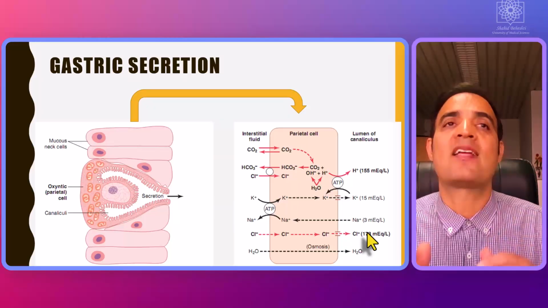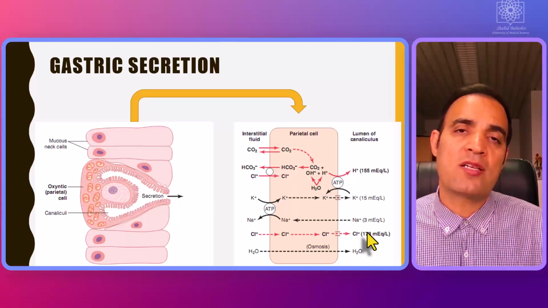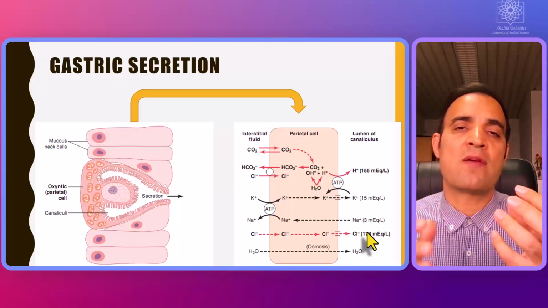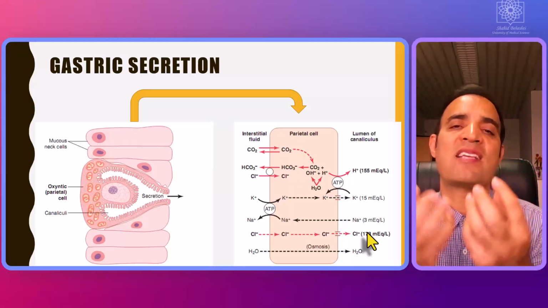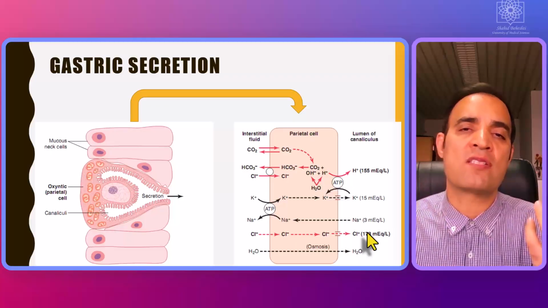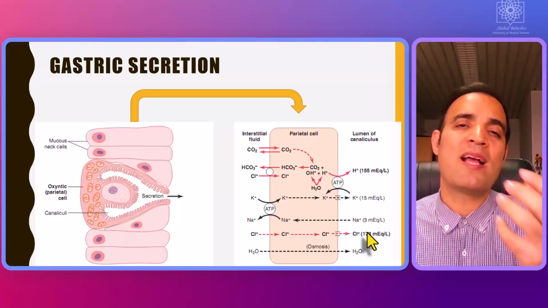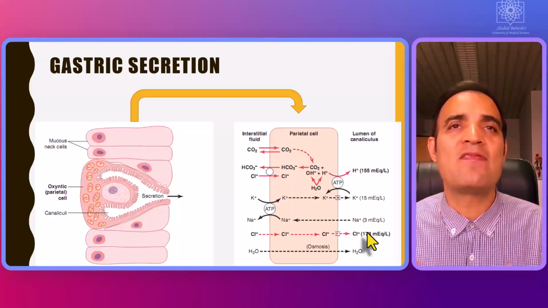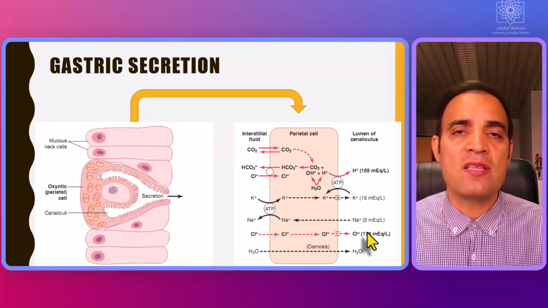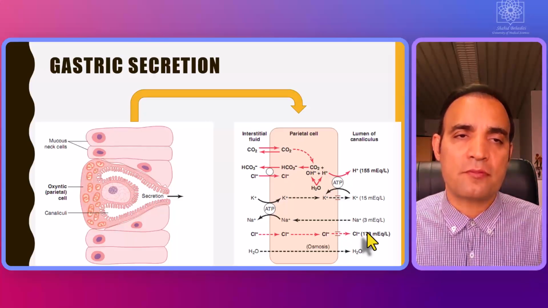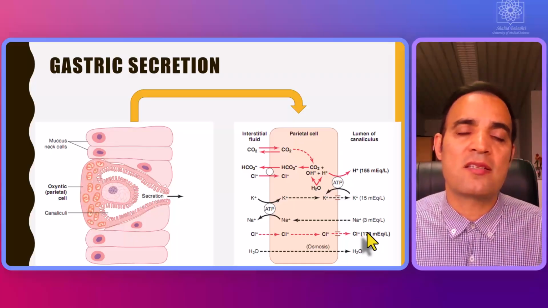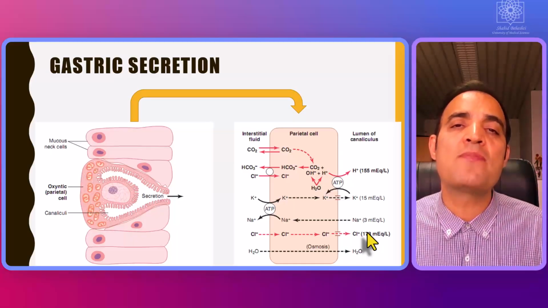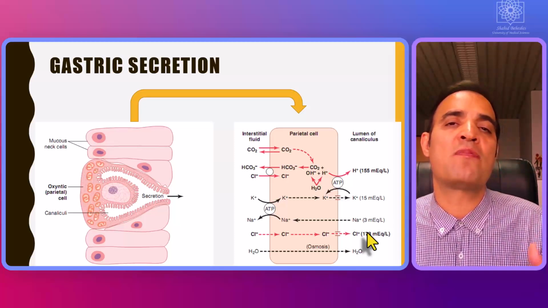Therefore, I can say that in one word, carbon dioxide from the blood is absorbed. It was converted into acid. Acid was dissociated. Hydrogen was secreted into the lumen and bicarbonate into the blood. And therefore, I can say that when the gastric cells are working, they are absorbing a net amount of bicarbonate.